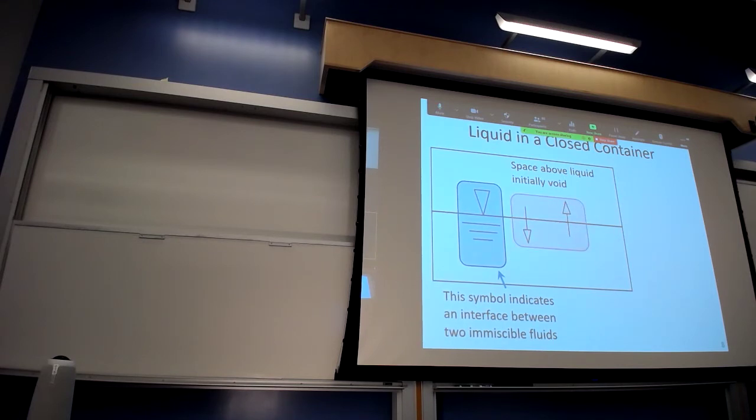And then, as I discussed before, for these arrows going up and down, what's happening is that as particles go from the liquid up into the gas or the void space, they're exerting a pressure up there, and that ultimately reaches an equilibrium system. And at equilibrium, that would be the vapor pressure.